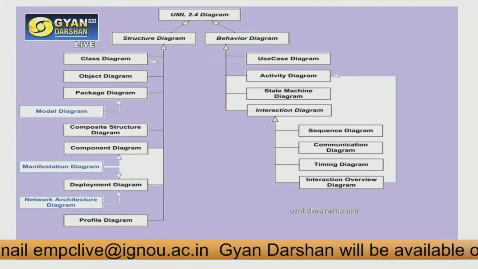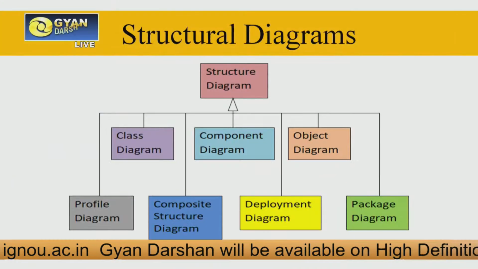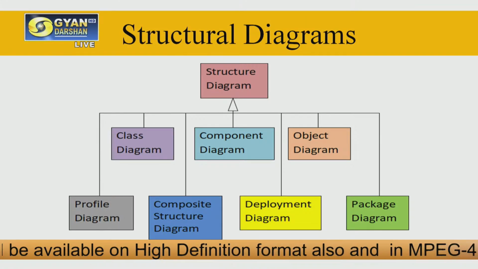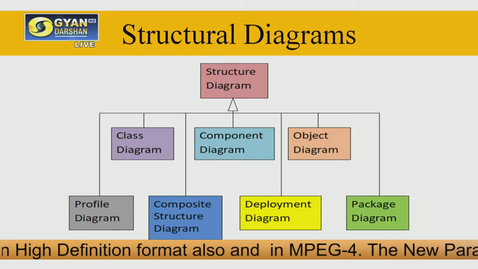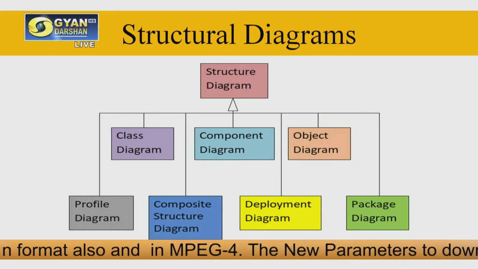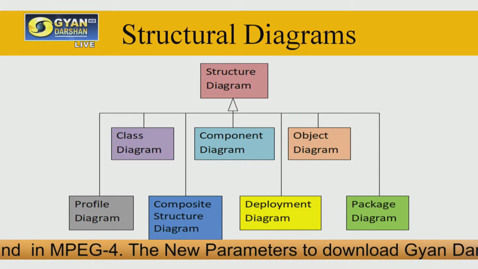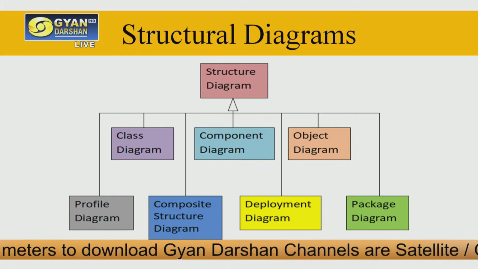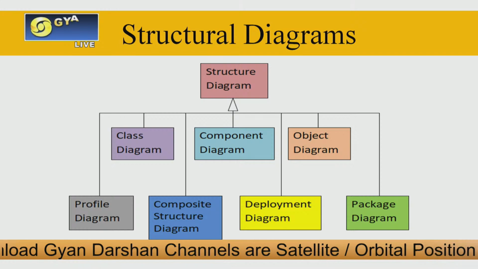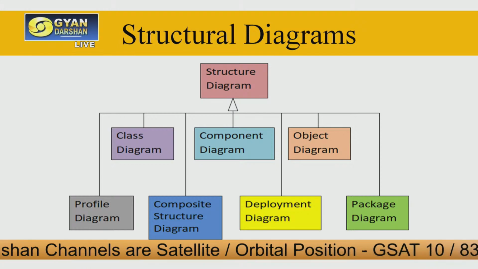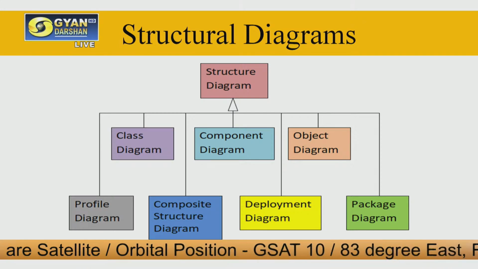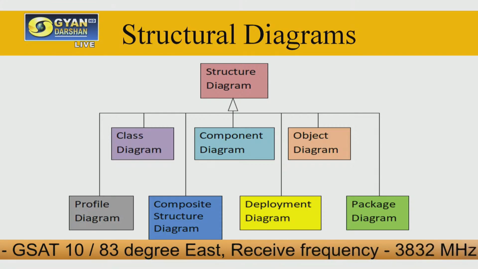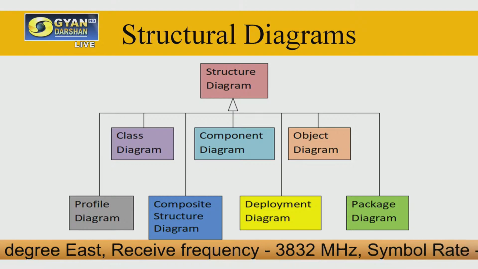As we are discussing the structural diagram, let us see the main diagrams used for structural representation. The very important diagram in this category is the class diagram, and the next one is the object diagram. I am saying these two are very important because they are the core component of any object-oriented system.